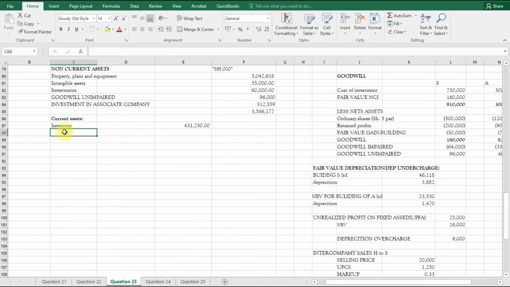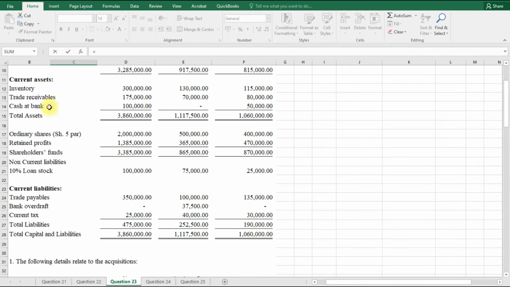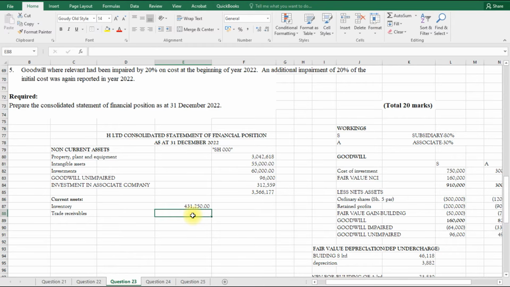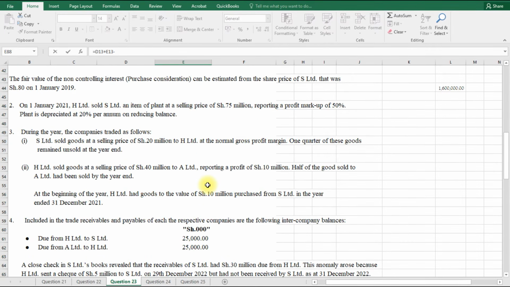Then I will come to the second. After inventory, we have receivable. My receivable will be, I will take this for H, I add receivable for S, and for the receivable minus the intercompany. We are told in note number 4, include in trade receivable and trade payable of each respective company the following intercompany balance due from H to S, which was 25.